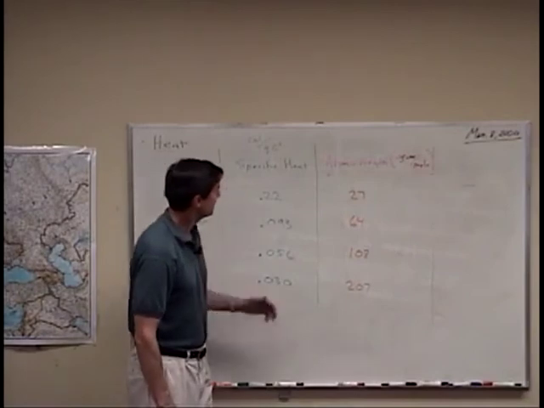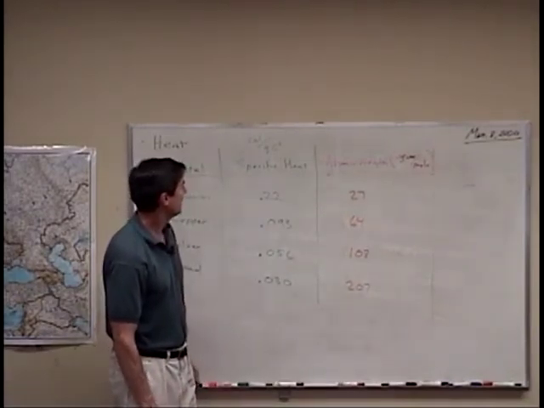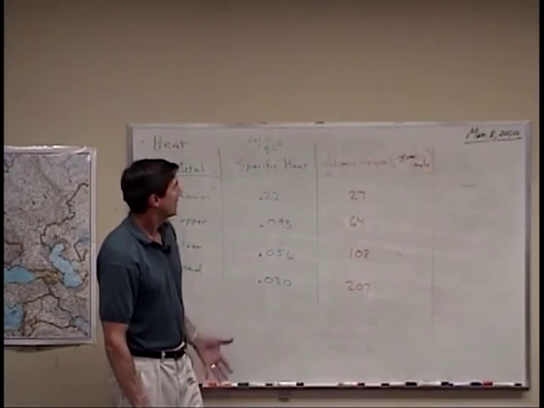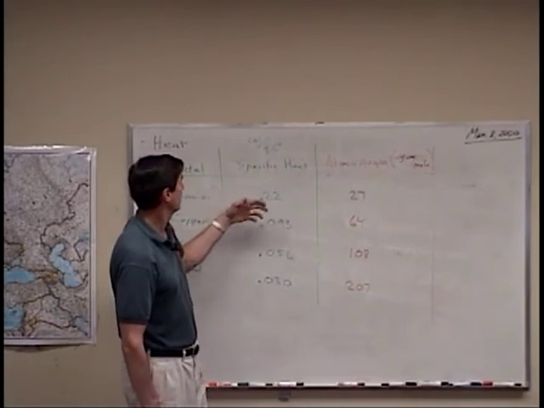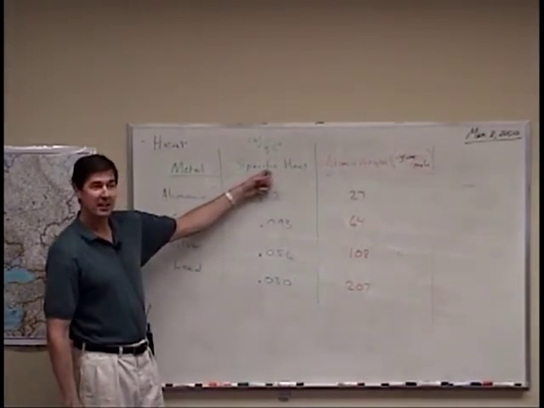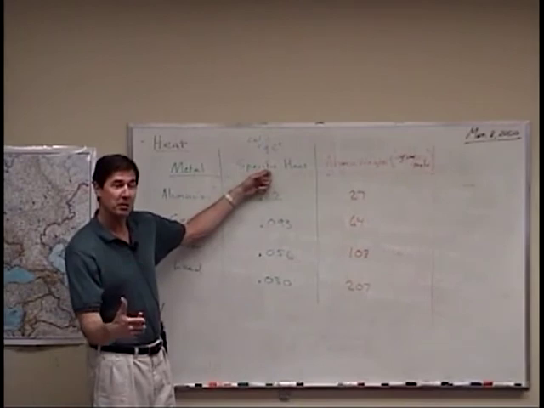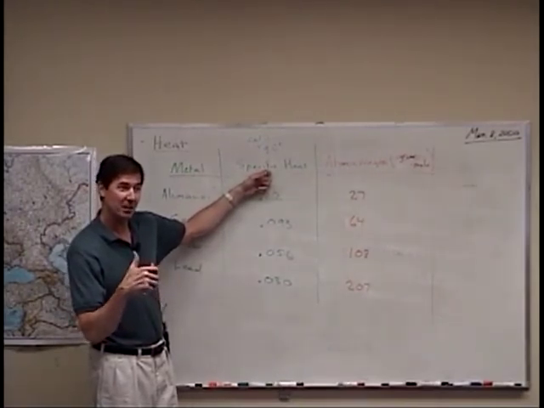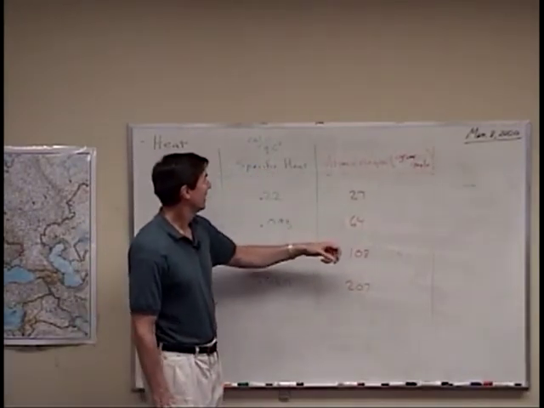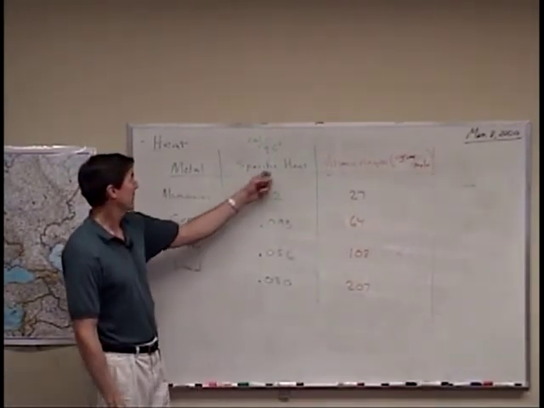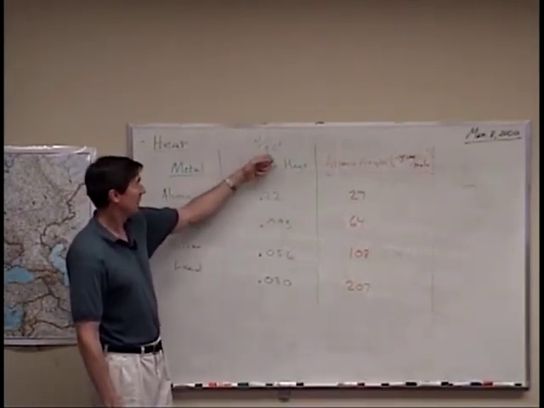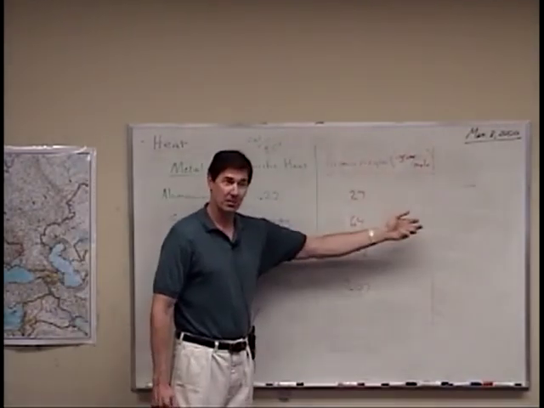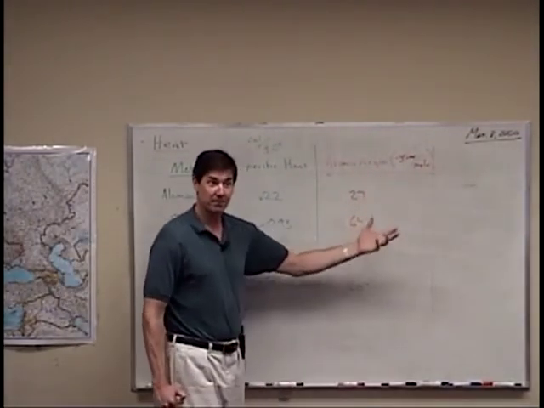Now remember what Dulong and Petit have in mind here. They want to calculate the specific heat per number of atoms rather than per gram, per mole. So what do they have to do in order to switch these numbers from calories required per gram to calories required per mole?